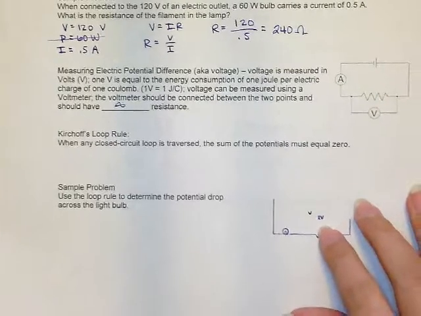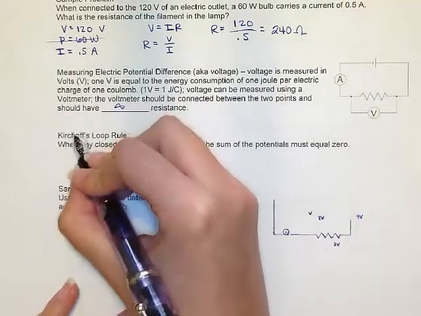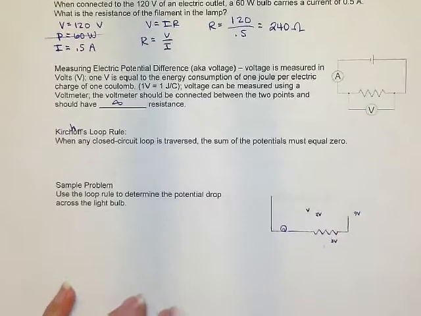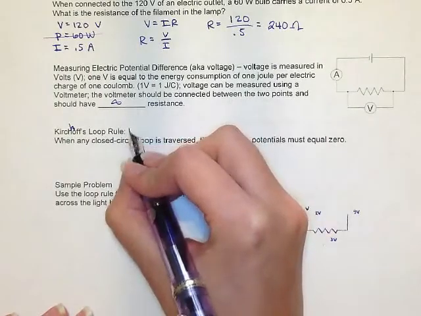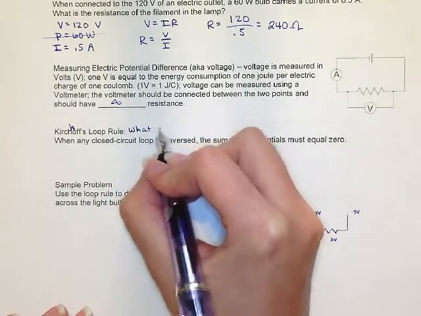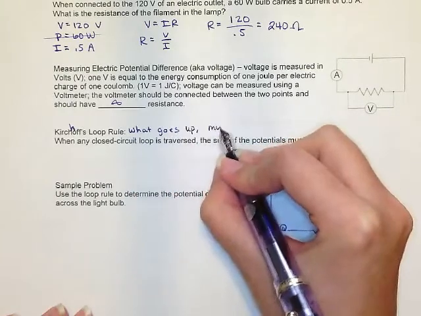And this now brings us to Kirchhoff's loop rule, which is probably the most useful law when dealing with electric circuits. And I misspelled this again. It's two H's. Defies grammar. Kirchhoff's loop rule says essentially that what goes up must come down.